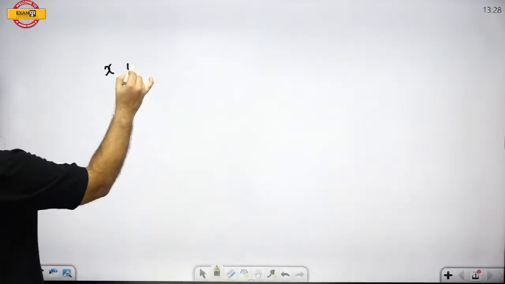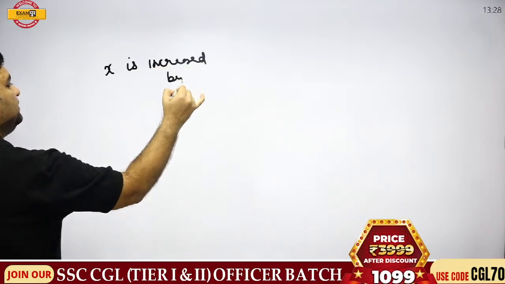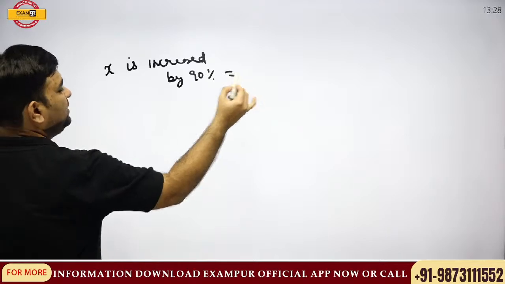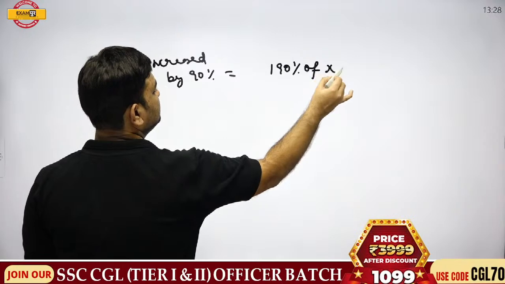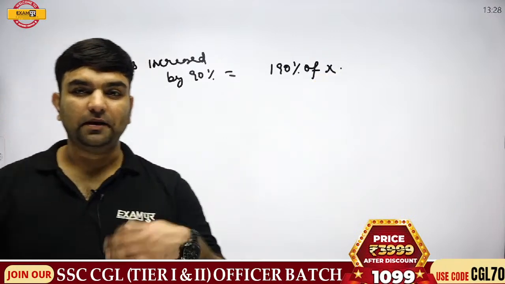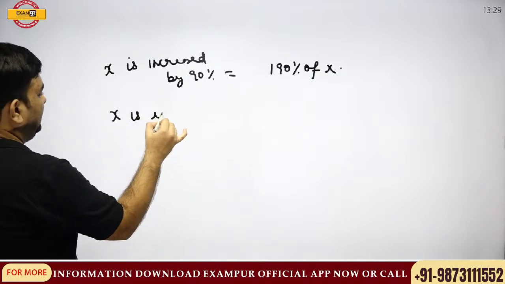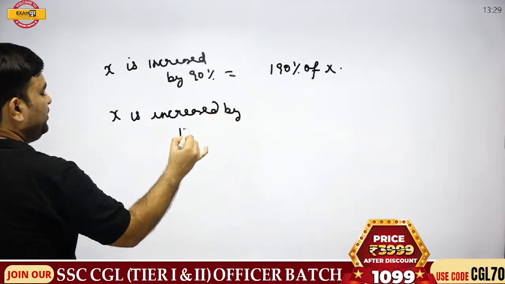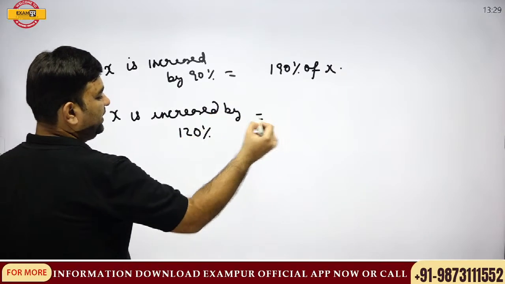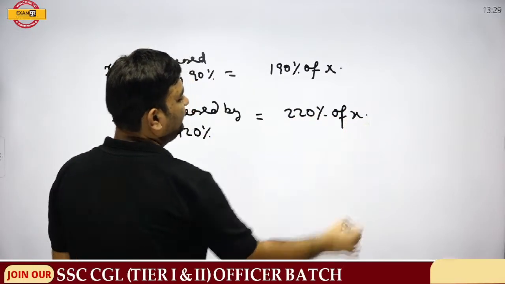Like from today, X is increased by 90%. This means it has become 100 plus 90, 190% of itself. X is increased by 120%. So it has become 100 plus 120, 220% of itself. Absolutely cool.